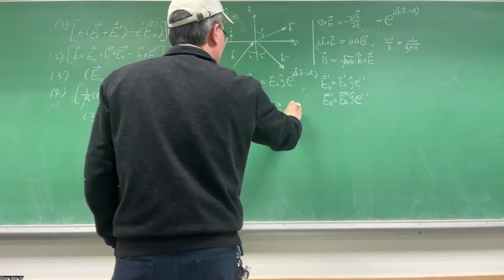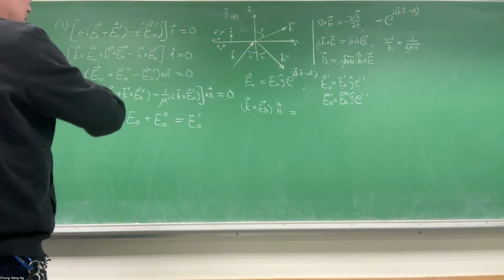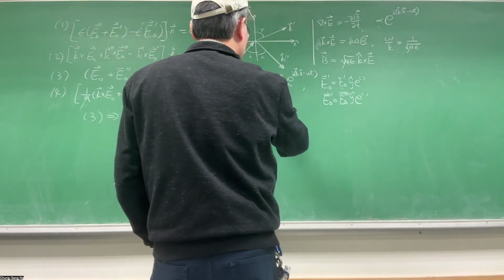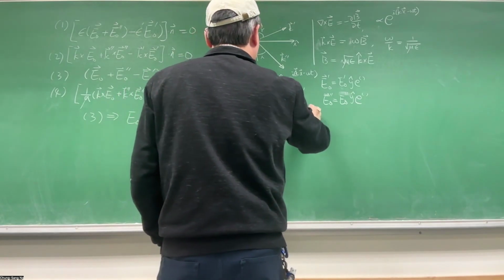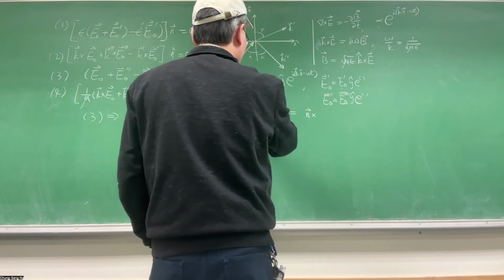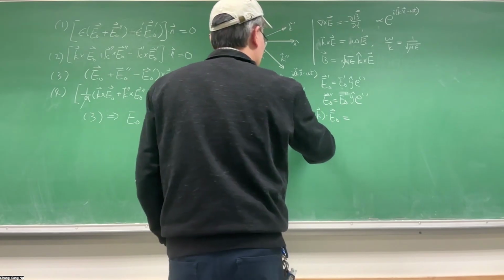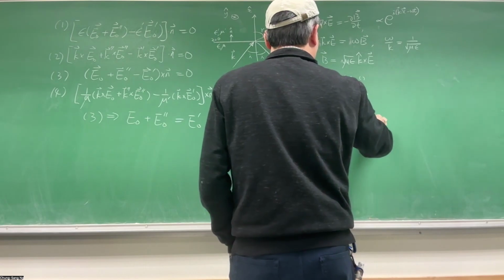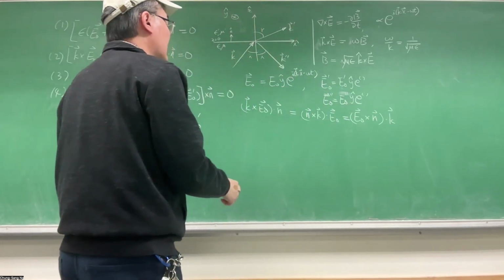The cyclic rule: you can write down n cross k. This n moves to here, k moves to here, dot E0, and that also equals E0 cross n dot k. See which one is easier.